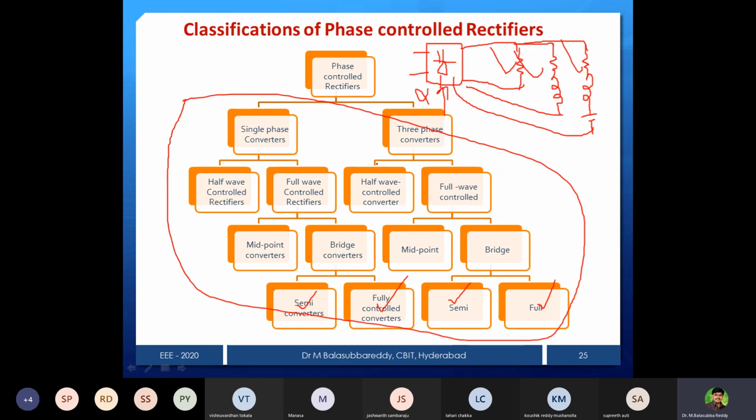And why this is preferred over conventional methods, that also we'll see with one small example. As I mentioned, to understand the application, we'll replace this with different loads. And in the real application, these loads are replaced by a motor.